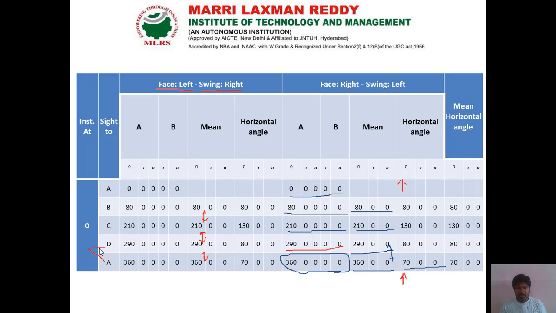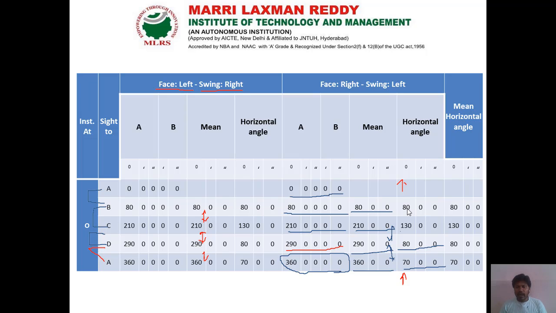Next, angle DOC: 290 degree minus 210 degree, so it becomes 80 degree. Next, angle COB: 210 degree minus 80 degree, so I get the angle of 130 degree. Next, angle BOA: 80 degree minus 0 degree, so I get 80 degree as my horizontal angle.